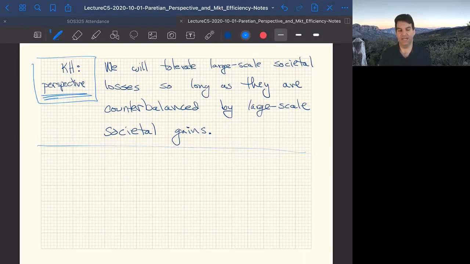All right, so that's the Kaldor-Hicks perspective. It allows for differentiating between options that do not benefit all.